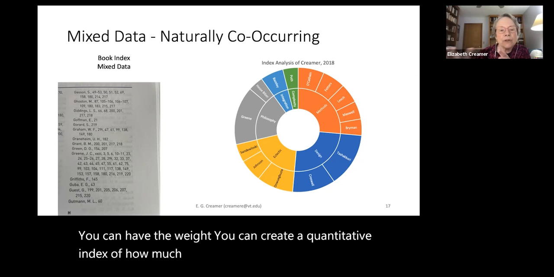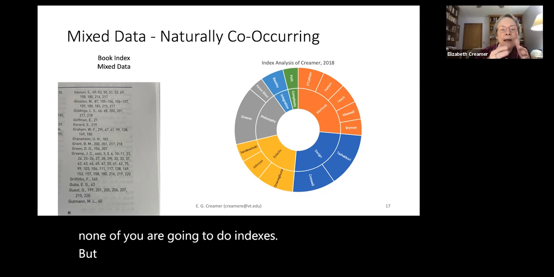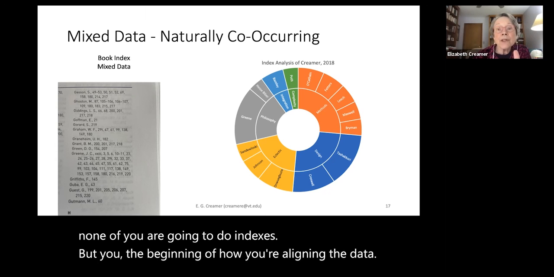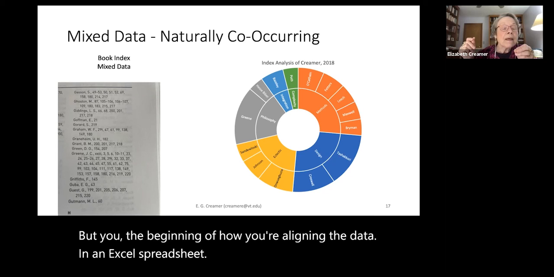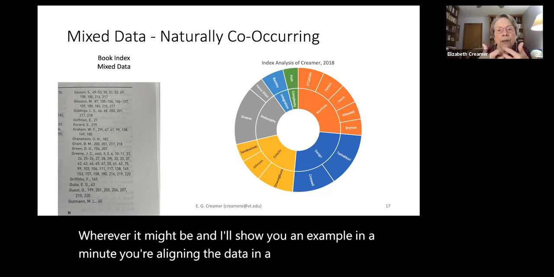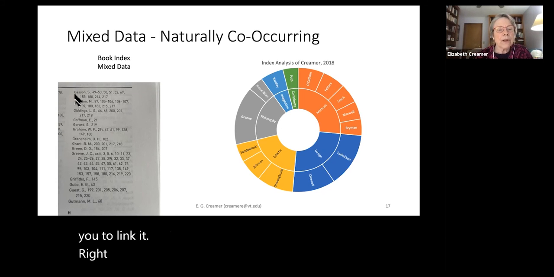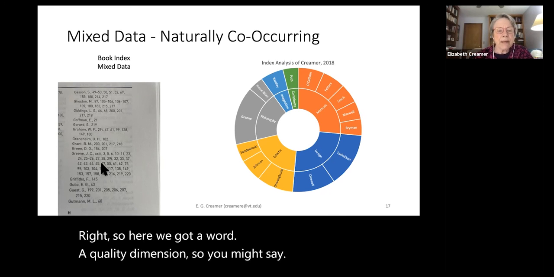Now, I know none of you are going to do indexes, but you see the beginning of how you're aligning the data in an Excel spreadsheet, wherever it might be, and I'll show you another example in a minute. You're aligning the data in a way that allows you to link it, right? So here we got a word, a quality dimension, so you might say, and you have an intensity measure.